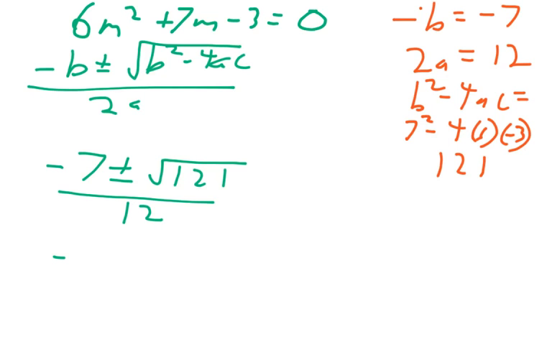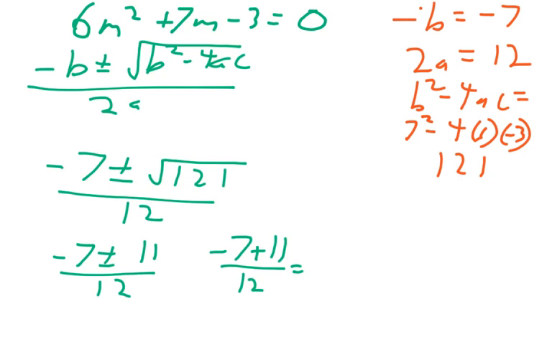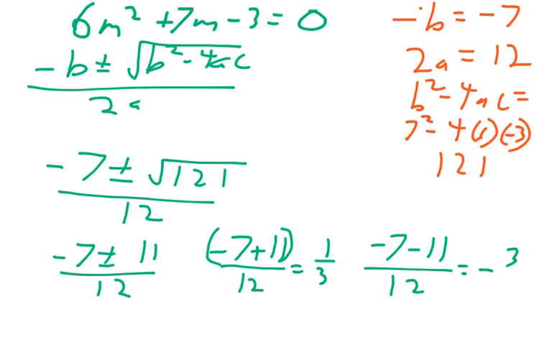Well, we know the square root of 121 is 11. So negative 7 plus 11 divided by 12 is equal to 4 over 12, or 1/3. And make sure that if you just put this in your calculator, you're going to put parentheses around the top, and negative 7 minus 11 turns out to be negative 3/2.